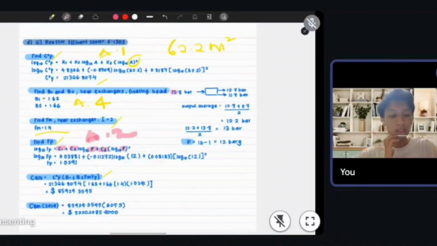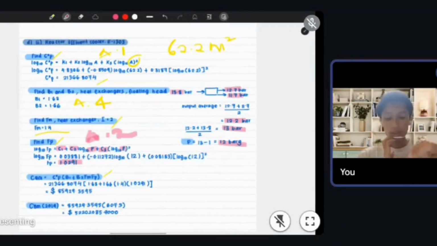The in-stream is 30.8, the out-streams are 12.7 and 11.7, the output average for the stream out is 12.2 bar, and the pressure average overall is 13 bar. So we minus 1 to get 12 bar. We substitute into the formula and get the FP value.